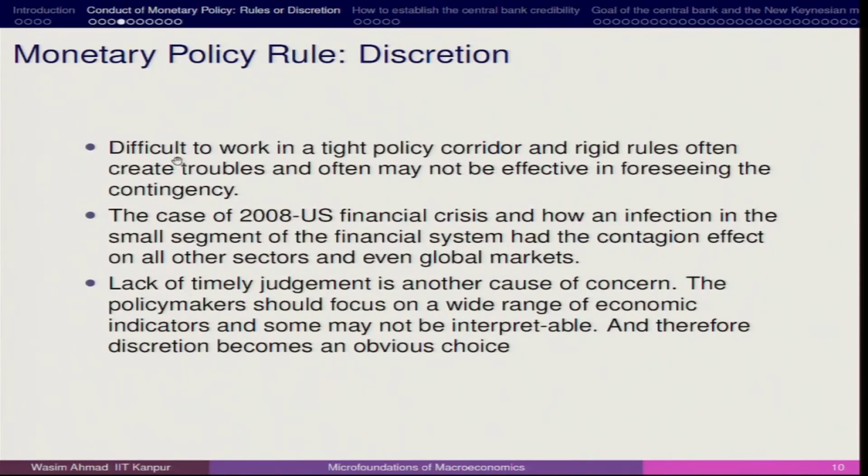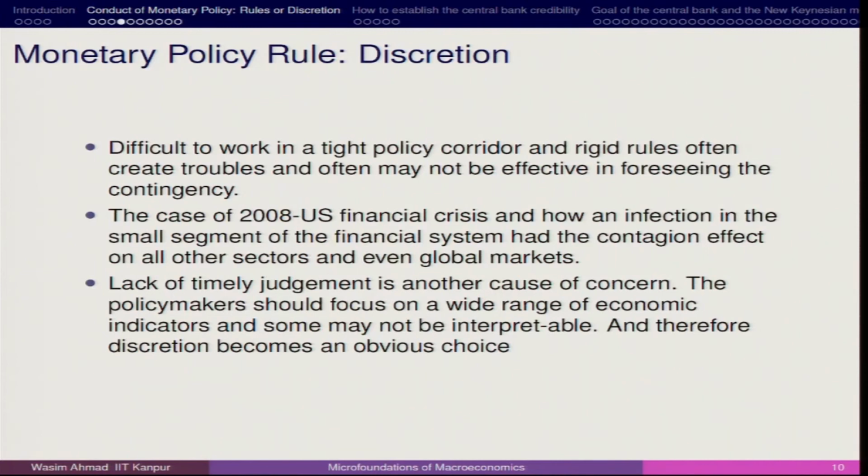Then, in the case of monetary policy rules, when we talk about discretion, here is why it is so important. If you are going by the constant money growth scenario, then you will be working in a very tight environment, and that tight environment or rigid rules may not be enough to tackle contingencies, and as a result your economy may fall into a recessionary trap.